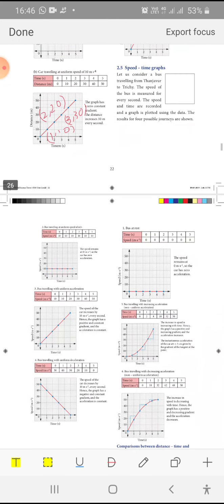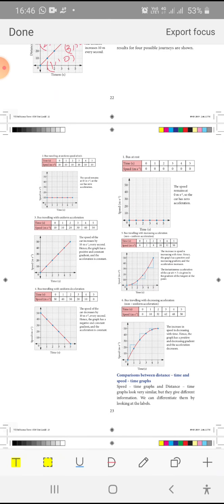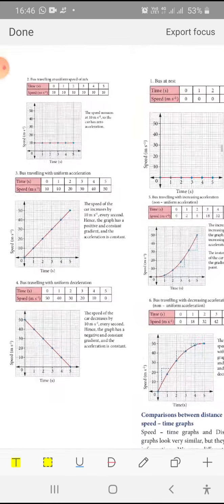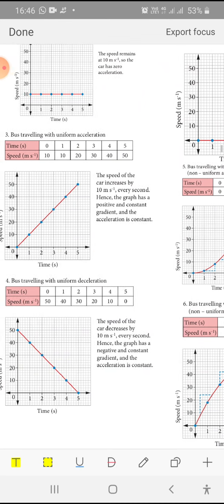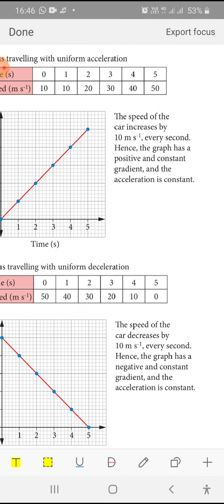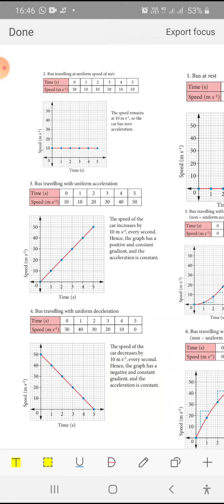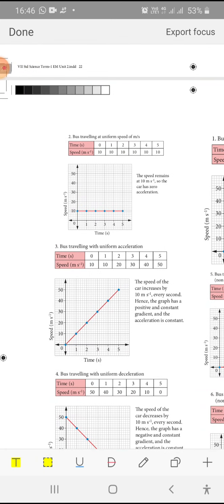And in the speed time graph: the horizontal line, zero acceleration; straight line, constant acceleration; and zero speed as the bus is not moving; U curve, positive acceleration; the mountain-like steep curve shows negative acceleration. Here the speed goes on decreasing and attains 0, which is negative acceleration, deceleration. So these two pages show that from the graph itself you can calculate the acceleration and the speed of the vehicle.